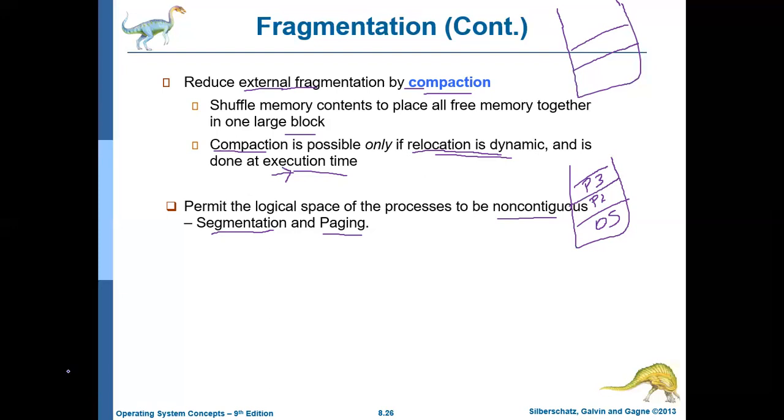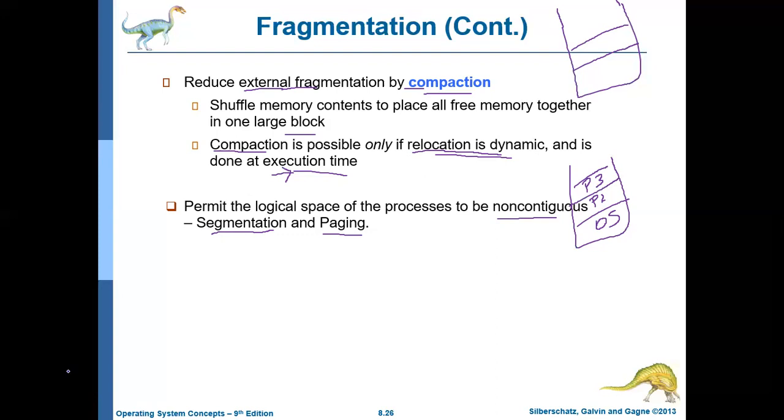But actually the holes are split across the memory, and as they are not contiguous, the new process may not be able to fit in the available holes. So this problem is called external fragmentation, and it is created because of variable size partitioning. Okay, and external fragmentation can be reduced or avoided by using a technique called compaction.